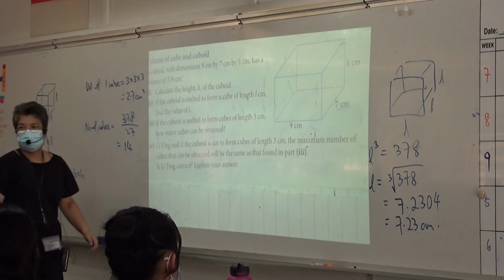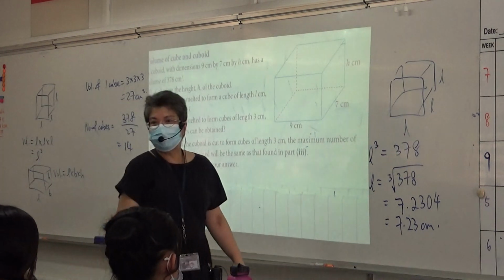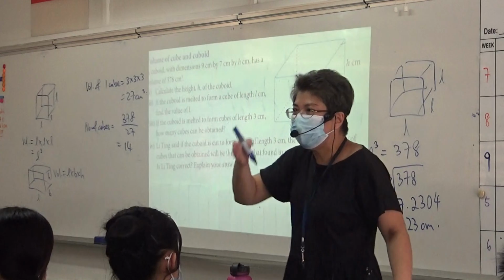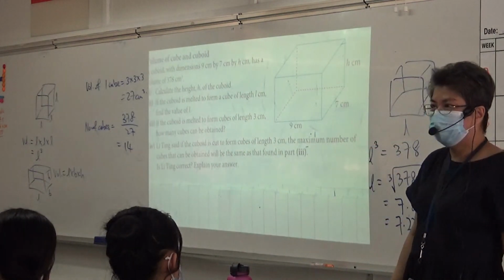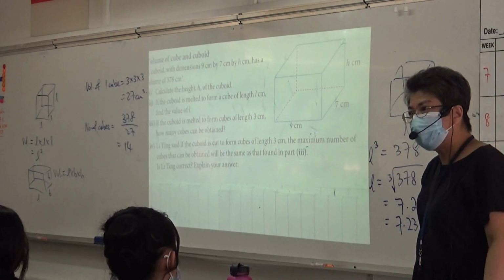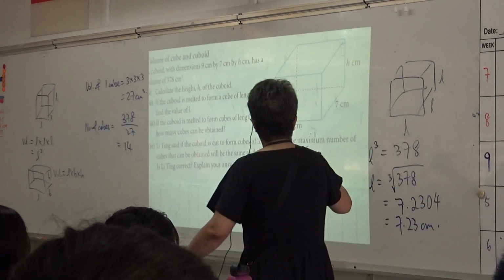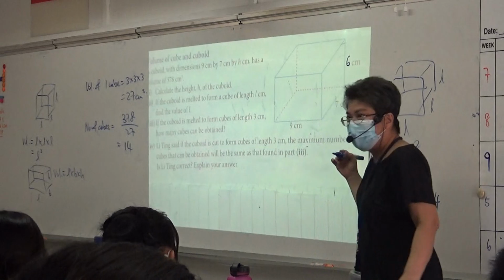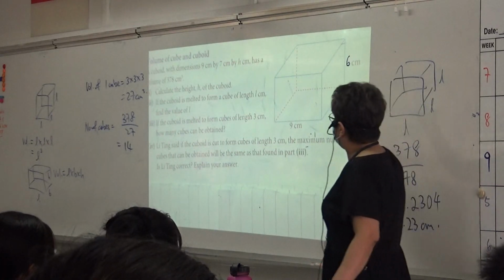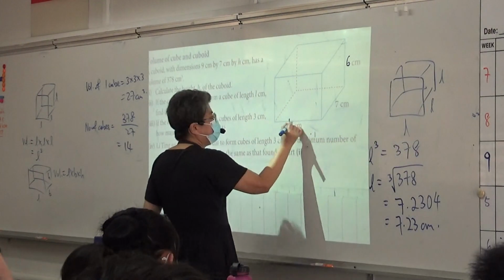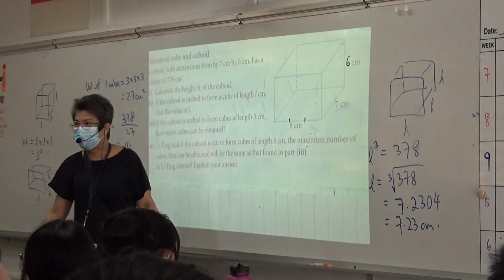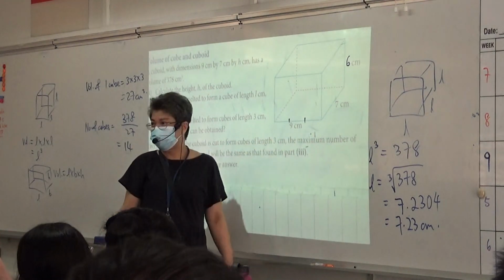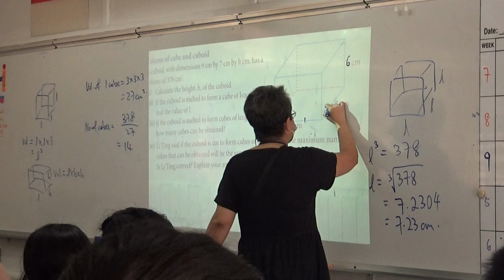Explain your answer. That means what the thing is saying is that if you cut, you will still get the same number of cubes. Is this correct? No. Okay, why no? Let's take a look. Now that's how we found out the height, which is 6, right? Correct. That means this one I can cut into 3 parts, right? 3, 3, 3, right? Can you tell me how many parts this can be?